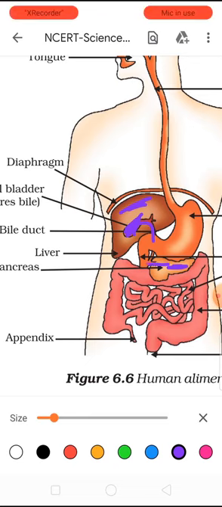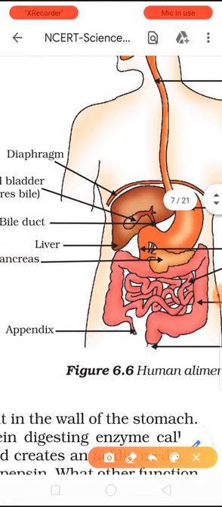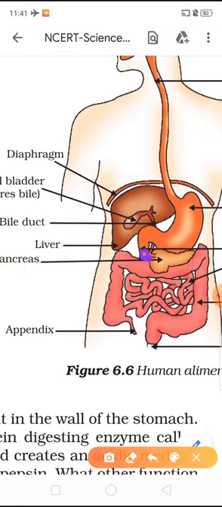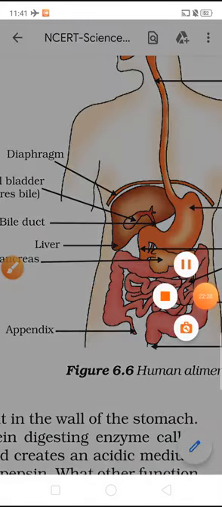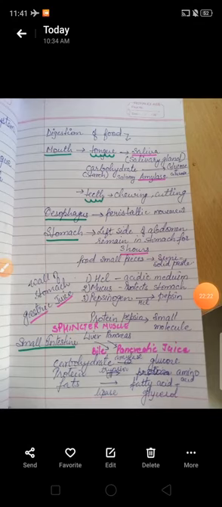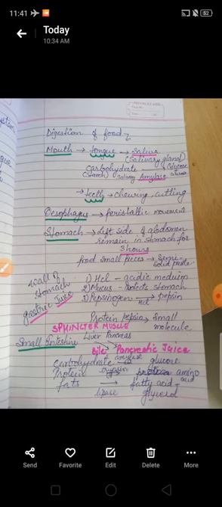From the pancreas also, the pancreatic duct will come, and both of them will join at a common point and pour the juice into the small intestine. Understood? Yes. Let's come back. So in the small intestine we have the liver and pancreas secreting bile and pancreatic juices, and this helps in digestion of carbohydrate, protein and fat.